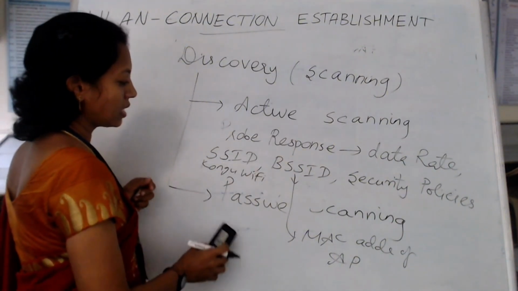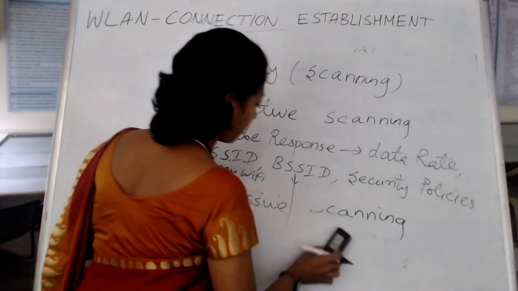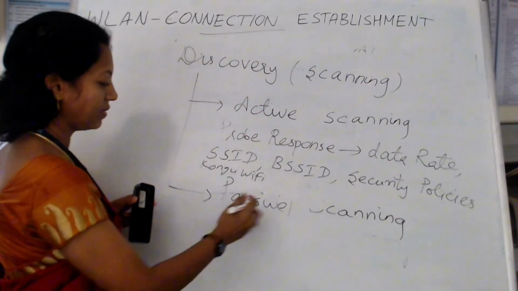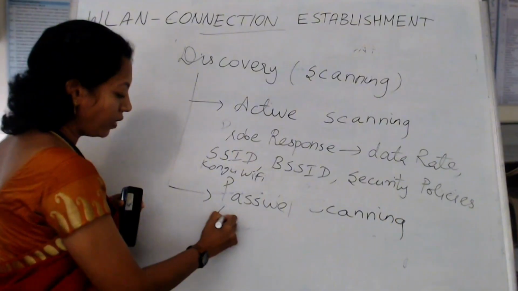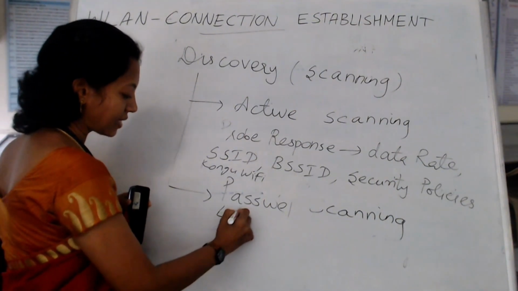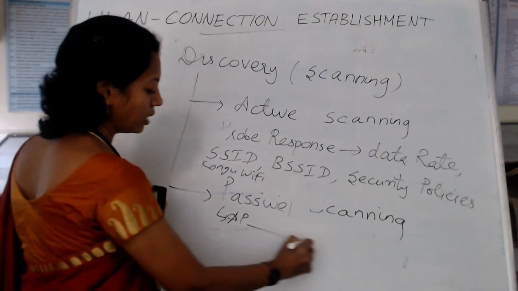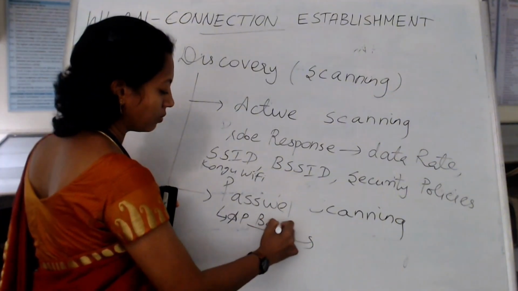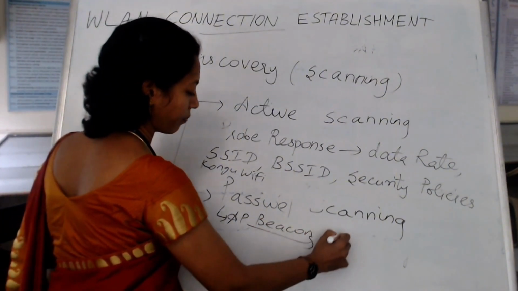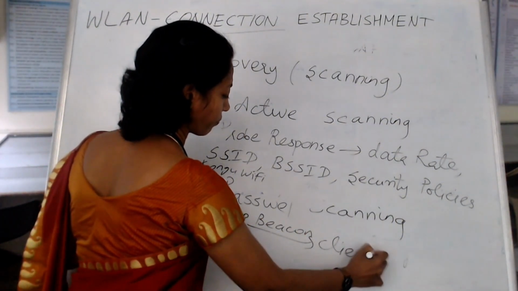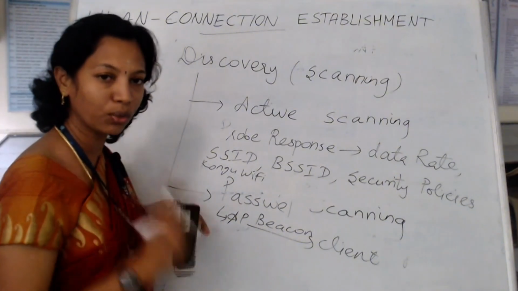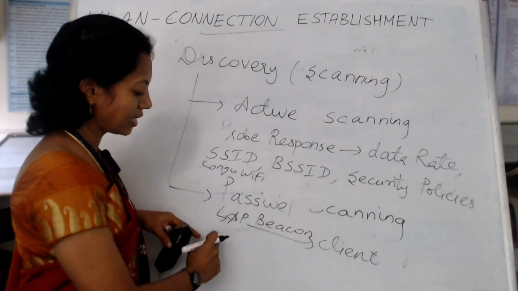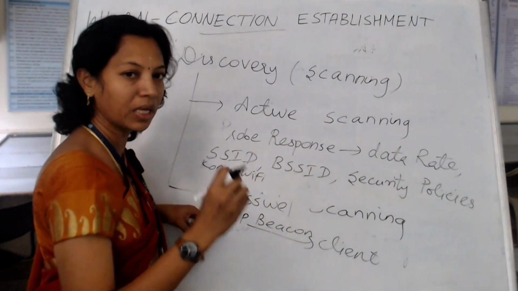The next one is passive scanning. Every time the access point will send a beacon signal to the clients. For example, every 2 milliseconds, the access point will send the beacon signals.